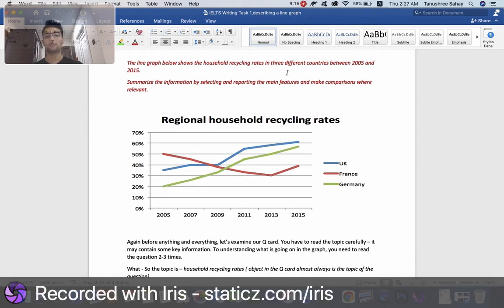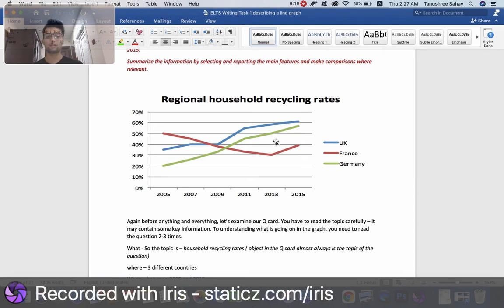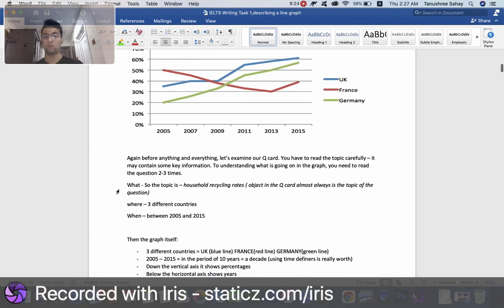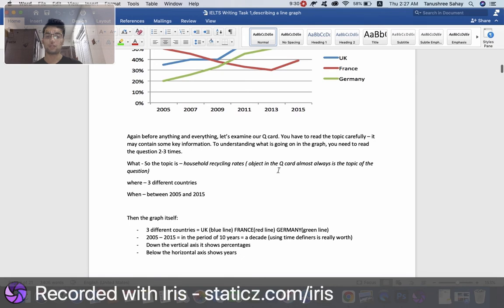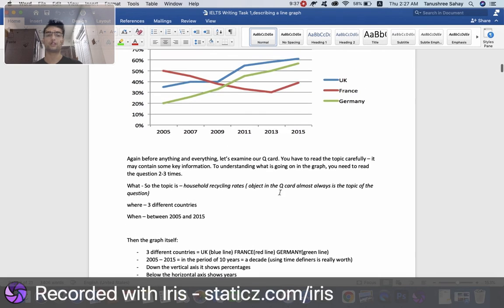Now all we have to do is summarize the information according to the structure of the Task 1 essay. So what is the topic? It is household recycling rates. The object in the cue card almost always is the topic of the question. We have the place adverbial, 3 different countries.